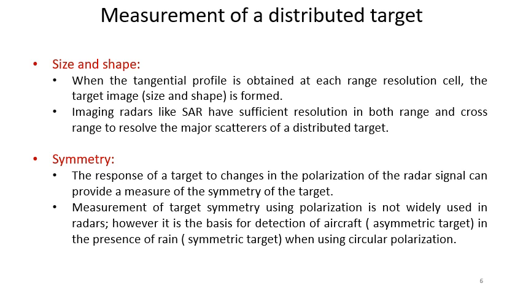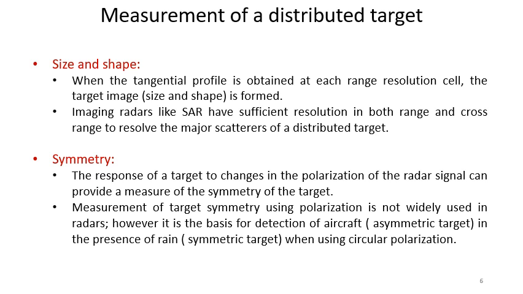Next is the size and shape of the distributed target. When the tangential profile is obtained at each range resolution cell, the target image that includes the size and shape is formed. Imaging radars like synthetic aperture radar or SAR have sufficient resolution in both range and cross range to resolve the major scatterers of a distributed target.